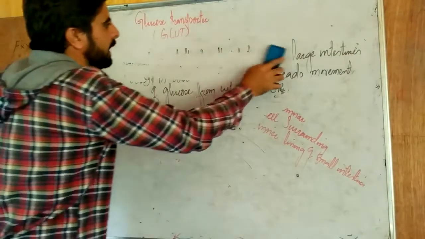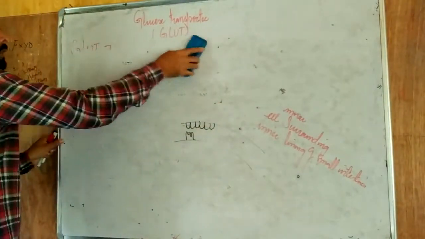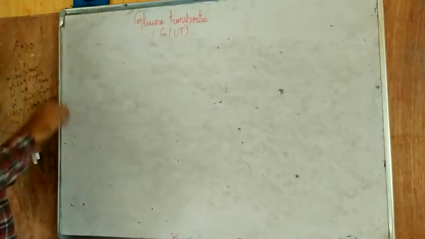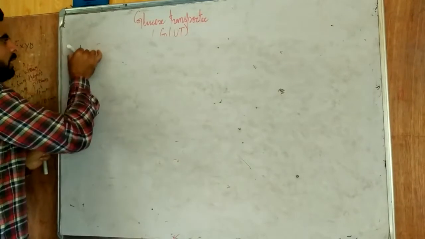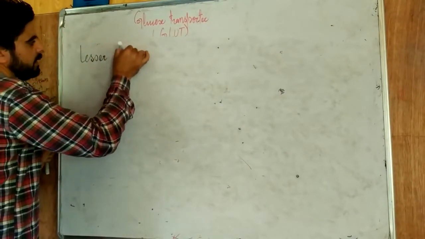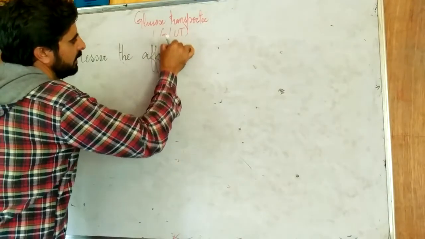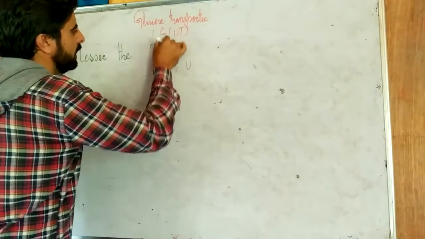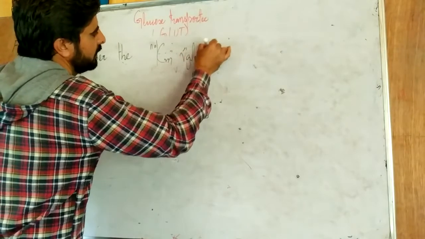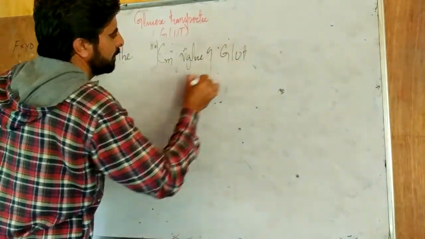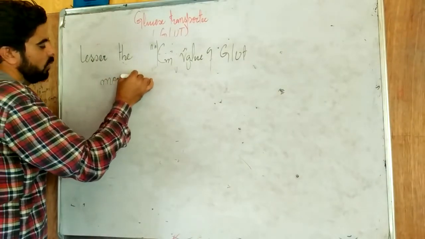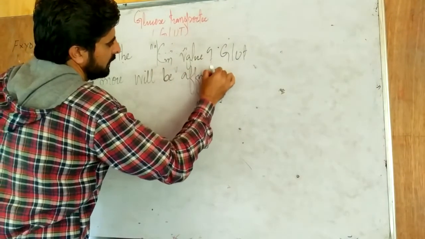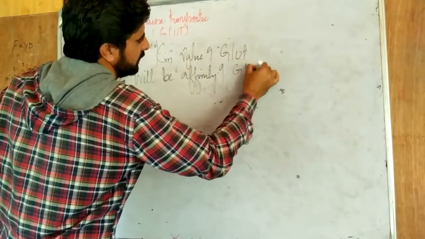Now one more important thing, that is, the lesser the Km value of the GLUT, the higher will be the affinity of the GLUT with the glucose.